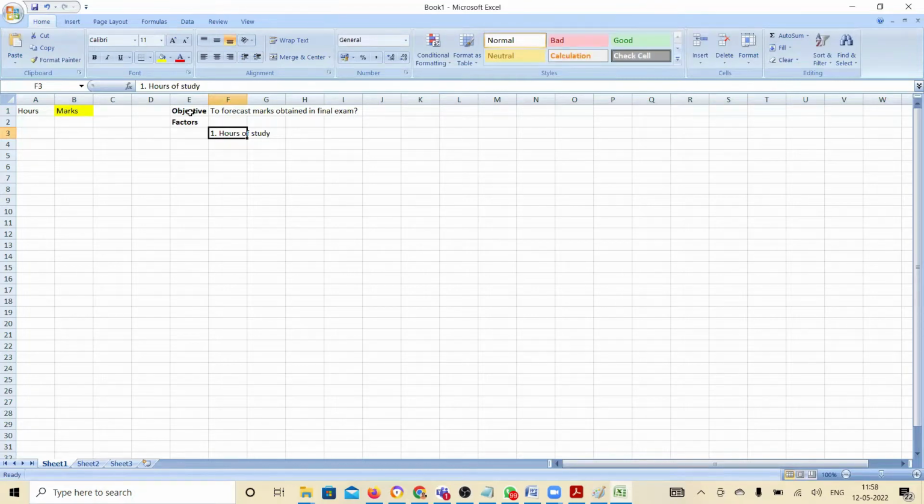We need to have some data. So what you will do is you'll go to your senior, your senior who have already written the exam. And you will ask them, tell me how many hours you studied and how many marks did you get? So let's say they'll say I studied for 6 hours and I got 78% marks. Second student says I studied for 4 hours and I got 88% marks.